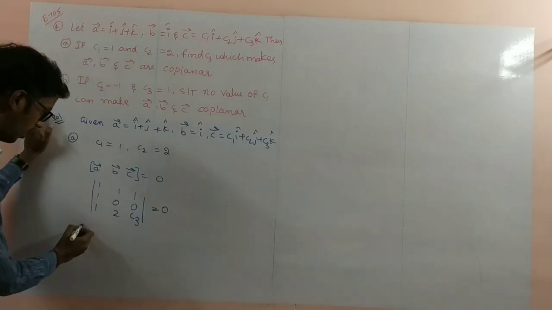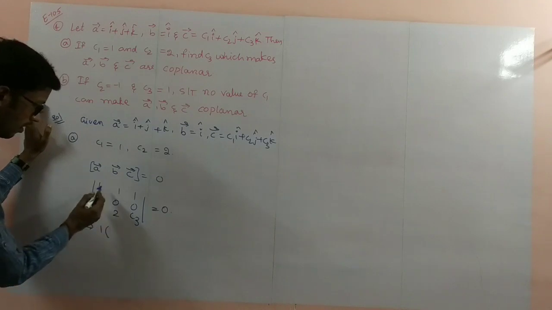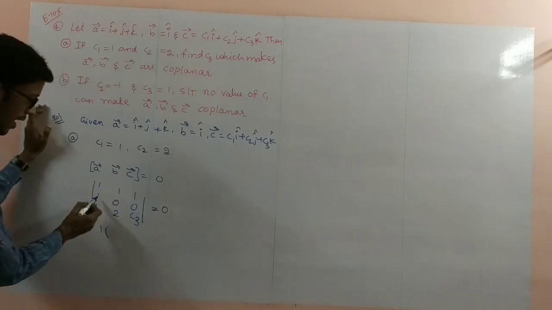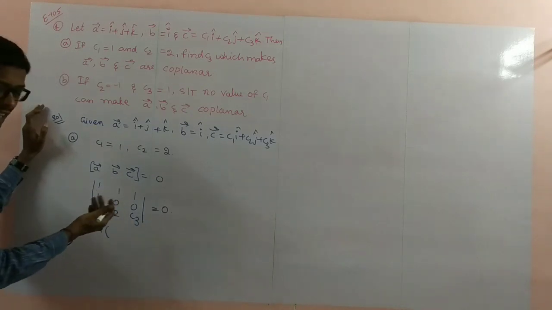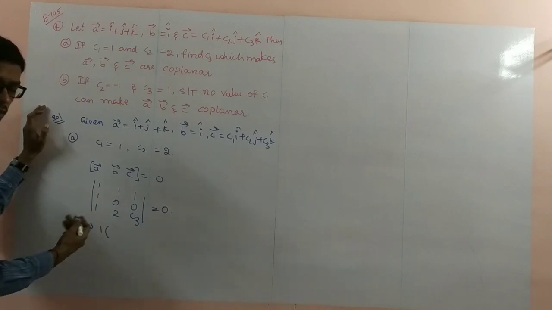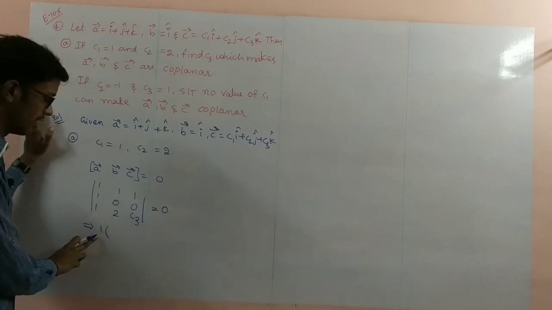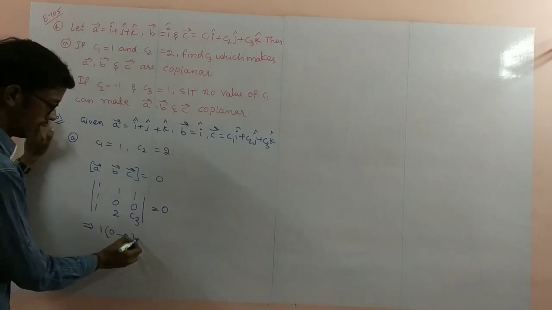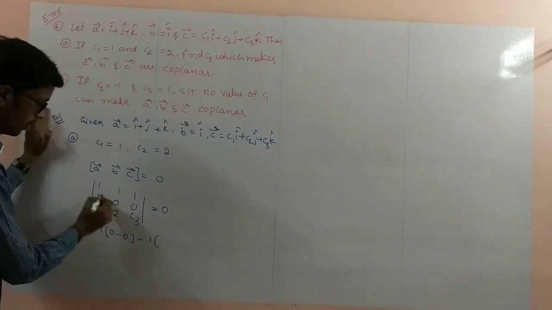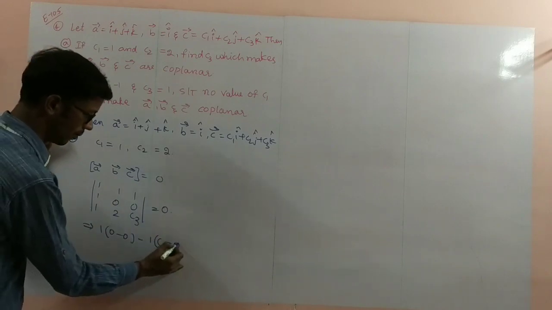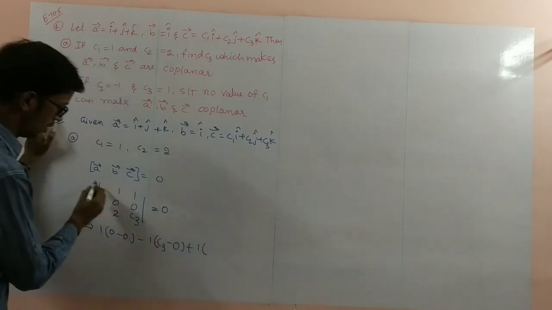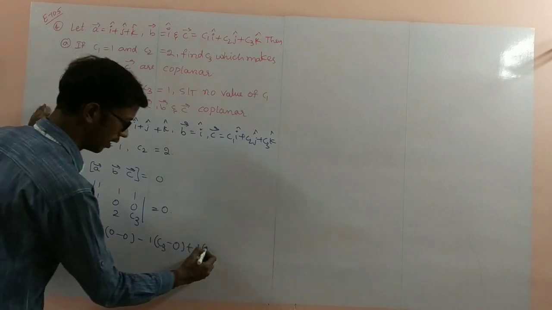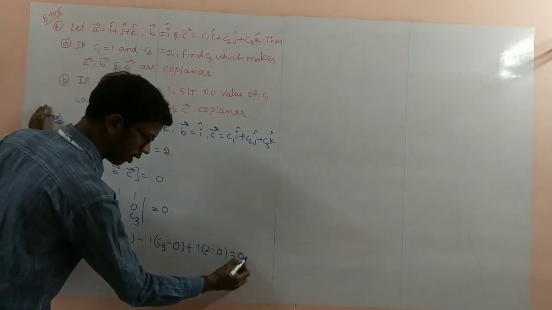So now simplify. I am expanding along any row or any column you can choose. Directly I am expanding along R1: 1 into 0 minus 0, minus 1 into C3 minus 0, plus 1 into 2 minus 0 equal to 0.